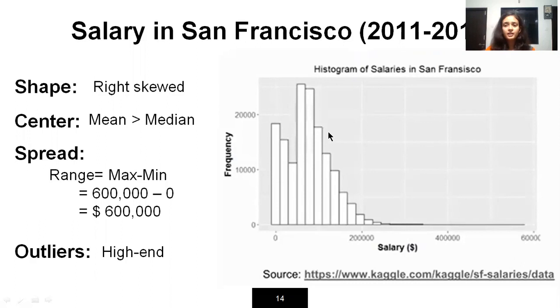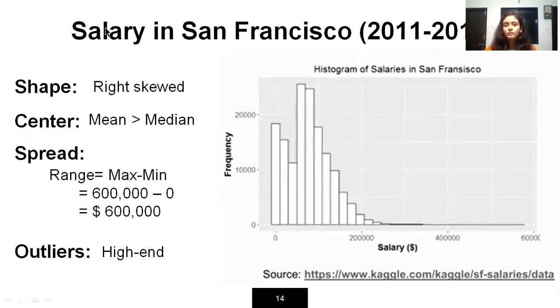So the average salary in San Francisco, you can say, is around 0 to $200,000, because it is showing the maximum frequency. The mode is somewhere over here. So this is the information you are getting from the data set.